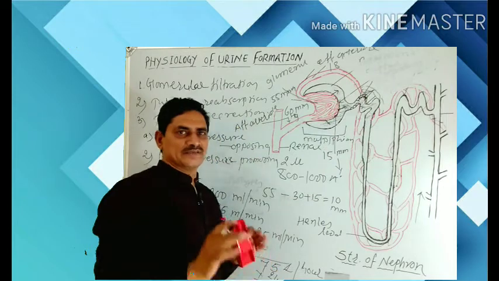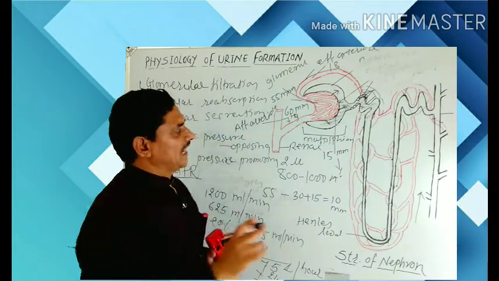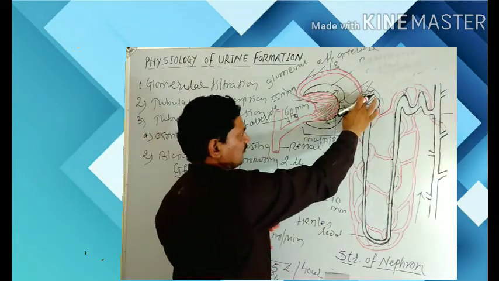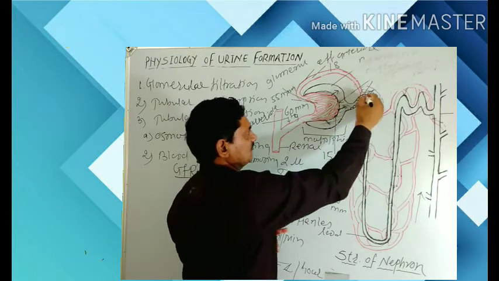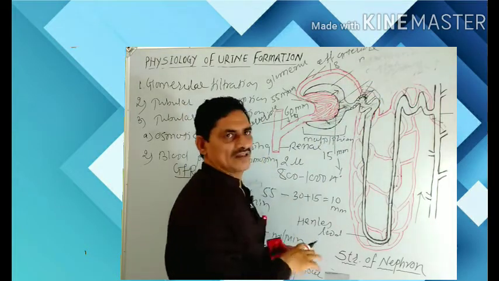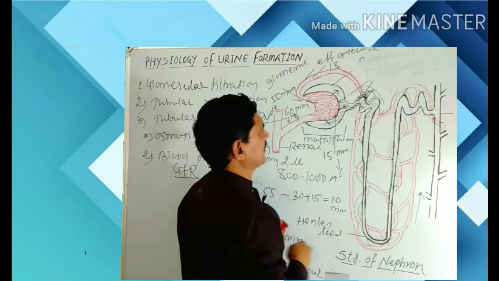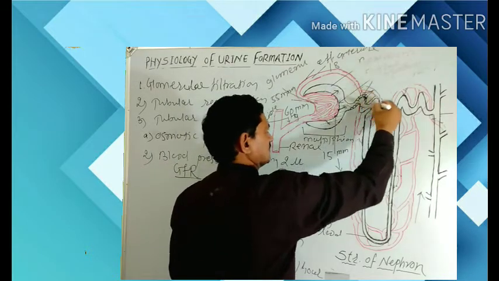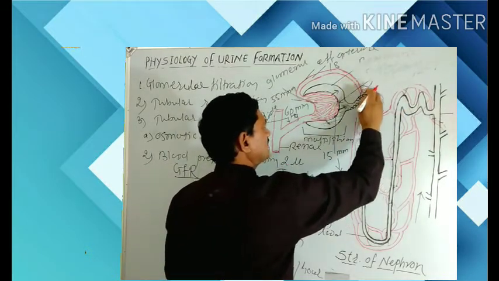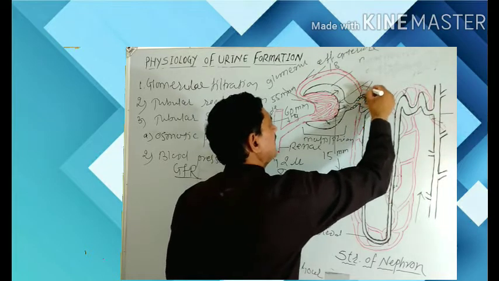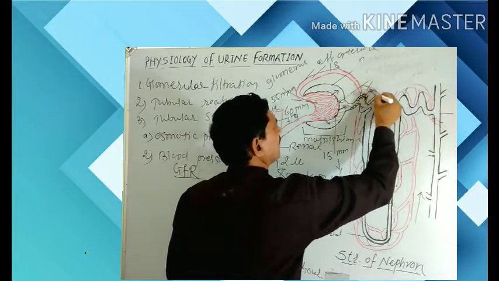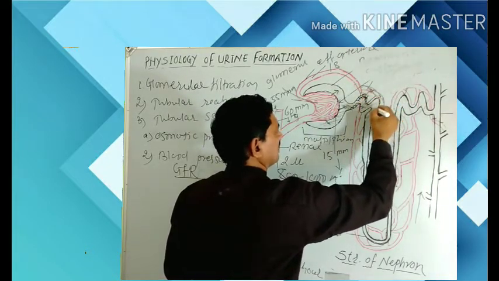These useful substances are absorbed by the wall of the lumen and enter into these tubules. Which tubules? The peritubular capillaries. So, the useful substances from this lumen enter into the blood capillaries here.